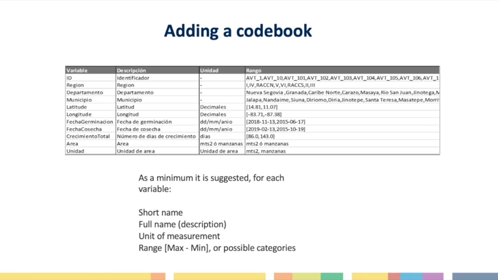We should show all possible categories that could be involved and expressed there. This will allow us to facilitate the comprehension of our database whenever someone else wants to use that information, either for the same task that you're doing or for other tasks.